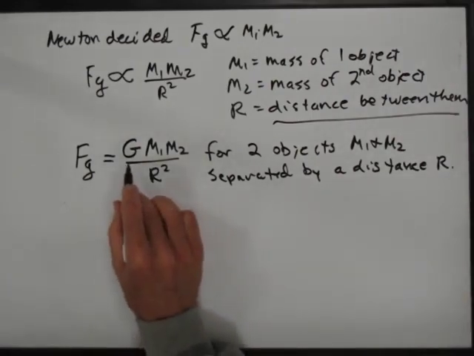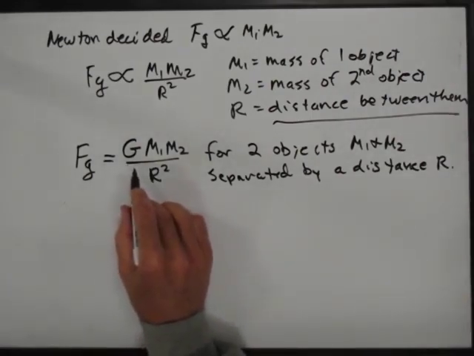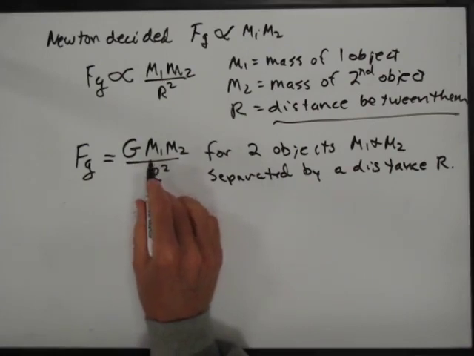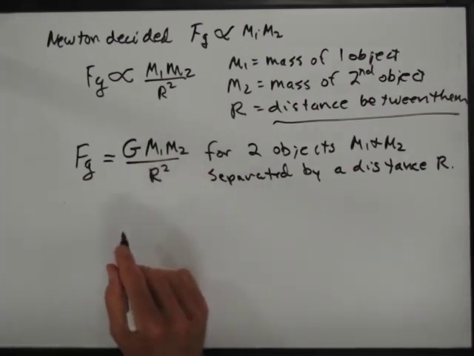The value of G wasn't determined until much later because they didn't know the mass of the Earth, for example, and so it was hard to determine.